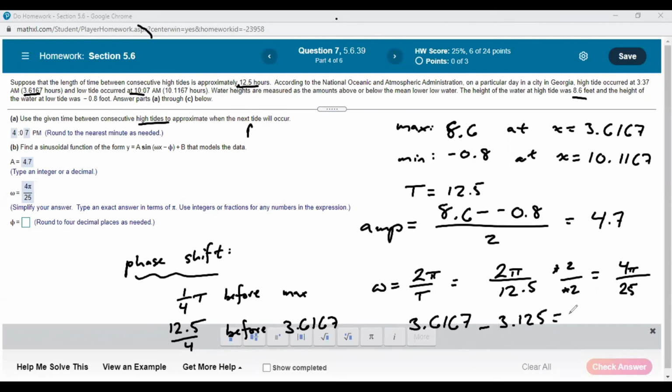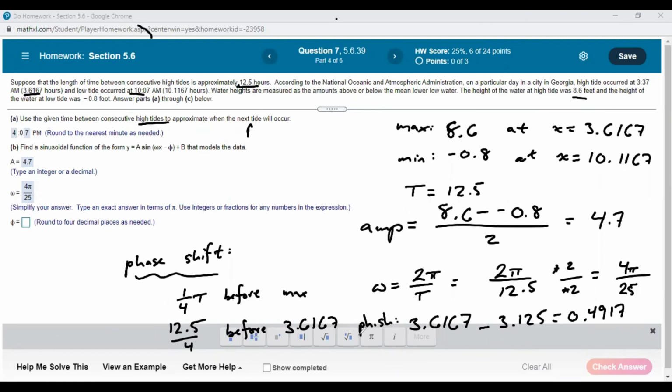And that's going to equal, according to my calculations, 0.4917. So this is the phase shift.